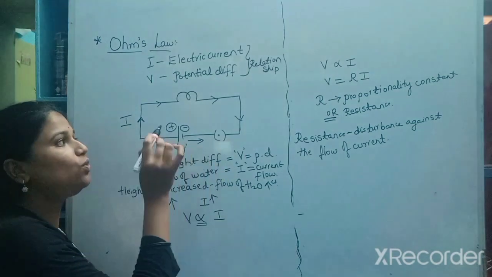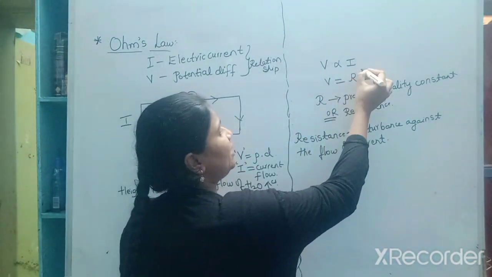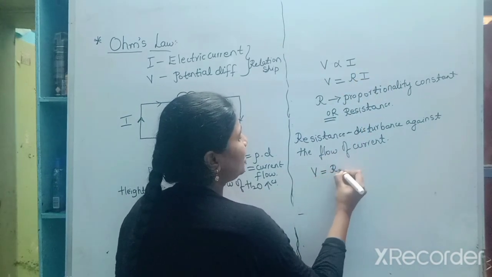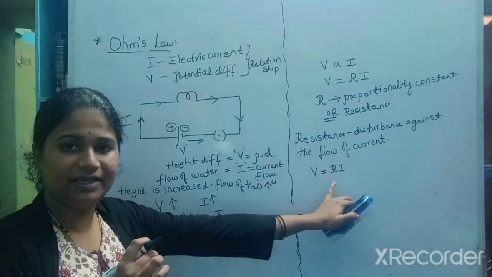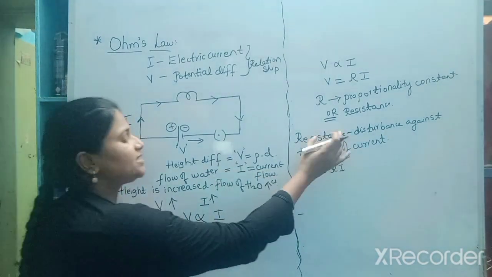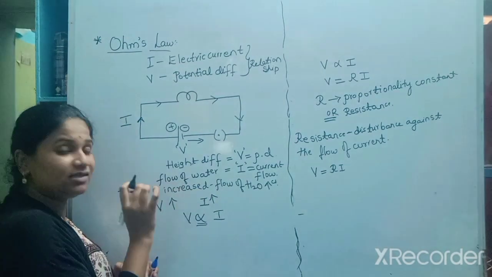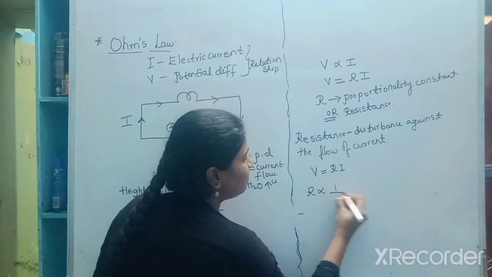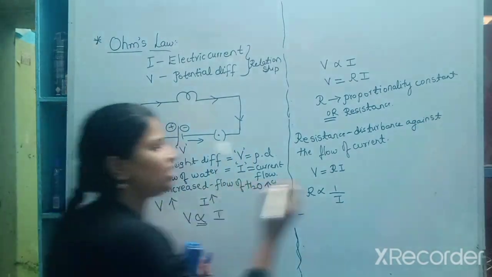V is equal to R into I. So when we consider V is equal to R into I, that is resistance and current, we can tell that R is inversely proportional to I. How?